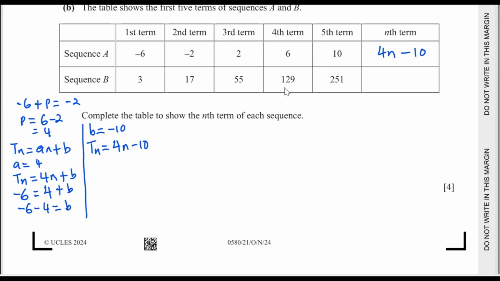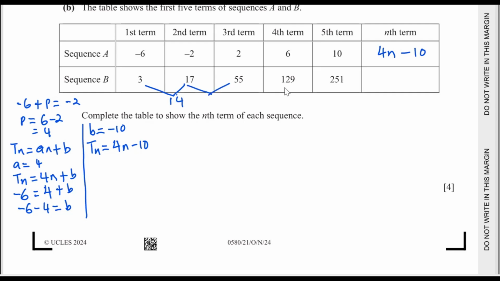Okay, so we will move to the next question now. The first thing we will try to do is to determine whether this sequence is quadratic or linear or cubic. So if we take the first difference here, this is going to give me 14.